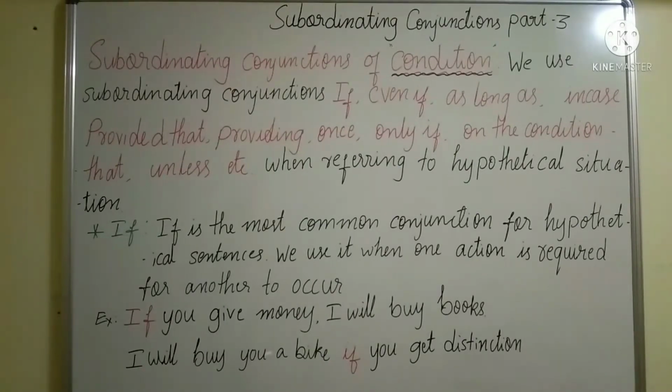I will buy you a bike. When? If you get distinction, this is the condition. See, this action depends upon the condition. If you get distinction, I will buy you a bike. It means if you don't get distinction, I won't buy you a bike. So, it's very clear. This is called a hypothetical situation.